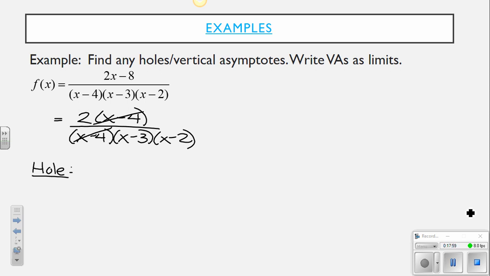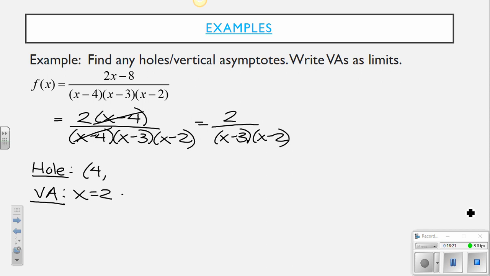So I have a hole at that x equals 4 value. So this would be 2 over x minus 3, x minus 2. Where are my vertical asymptotes going to be at? At x equals 2 and x equals 3.